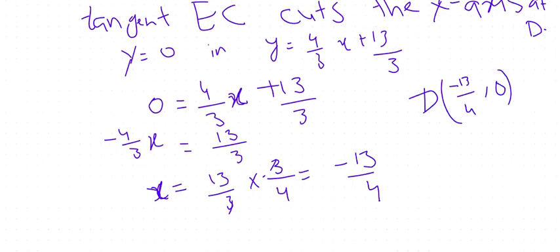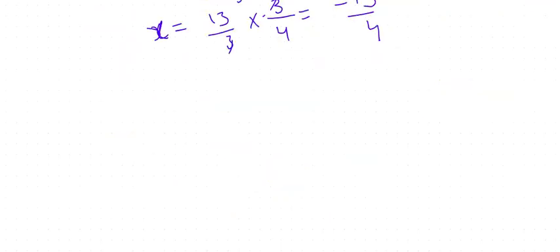So D is minus 13 by 4 and 0, and M is 3 and 0, okay?